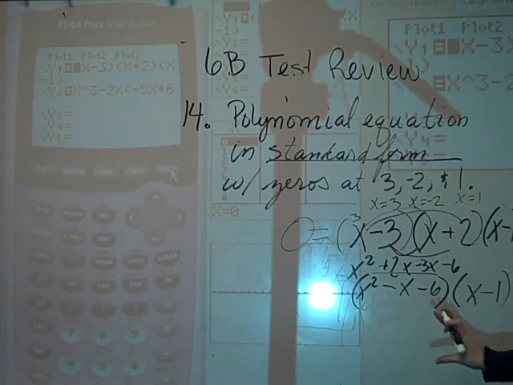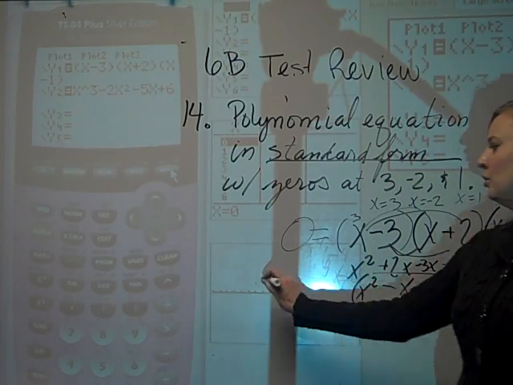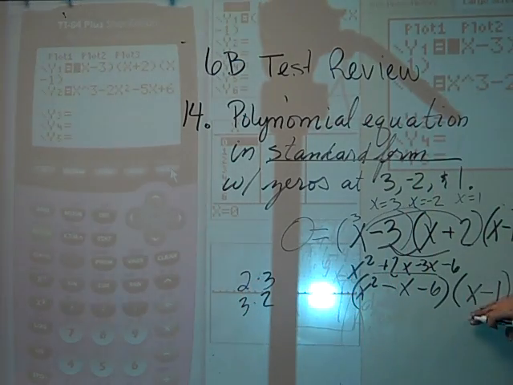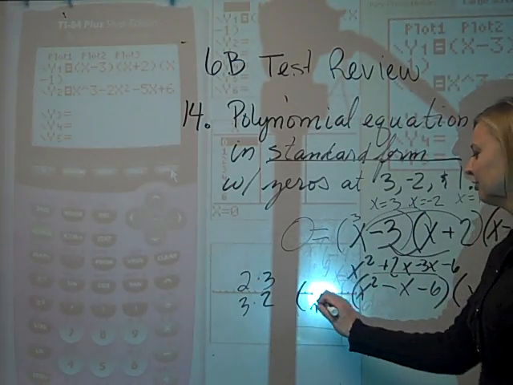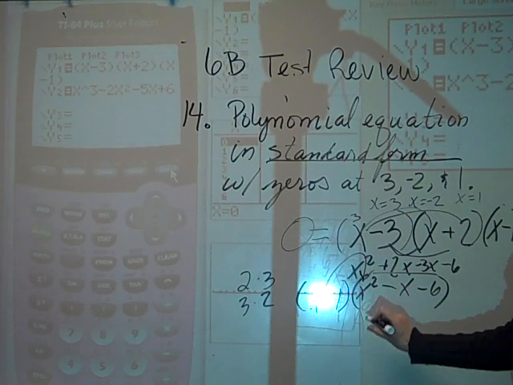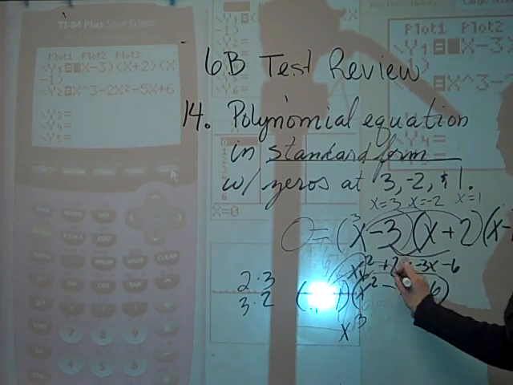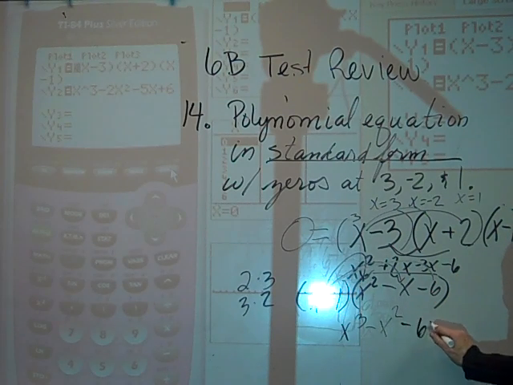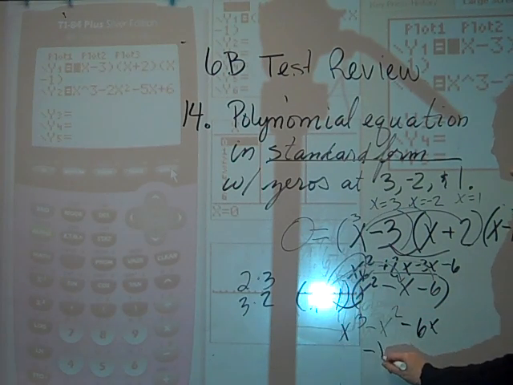I'm going to move this x minus 1 because if you notice with numbers, 2 times 3 is the same as 3 times 2. So I can move this x minus 1 in front. It'll make my multiplying a little bit easier. I have x cubed minus x squared minus 6x minus x squared.